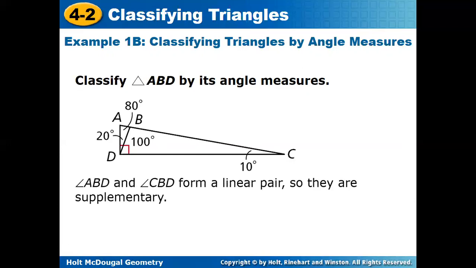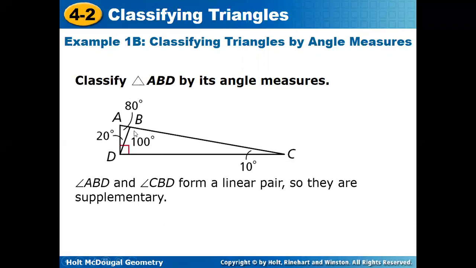Yes, excellent. We have here the two angles ABD, which is this angle, and the angle CBD, form a linear pair. So they are supplementary. Supplementary means the sum of their measures equals 180.